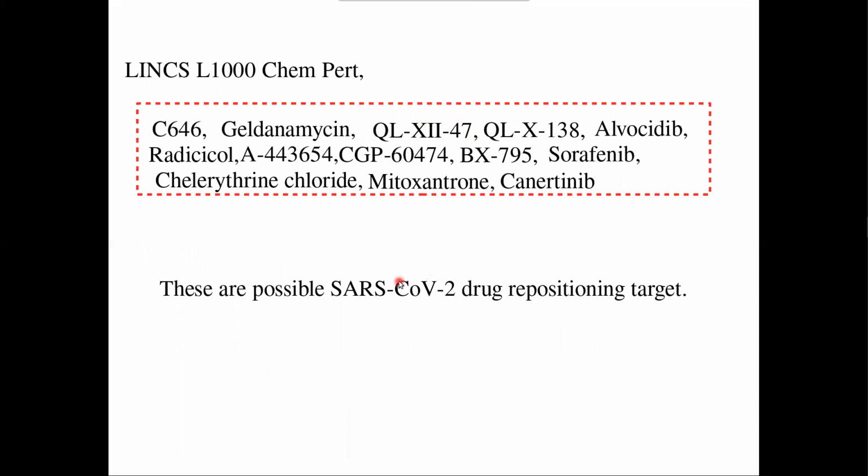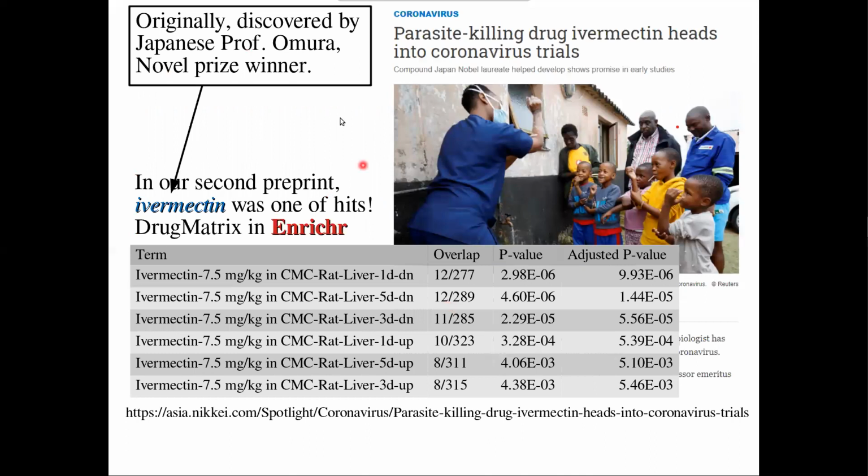So our strategy clearly and successfully identified drugs which can affect the expression of the selected genes, and these drugs might be effective as COVID-19 treatment drugs. Although we don't have enough time to explain the identified compounds one by one, I would like to introduce one example.